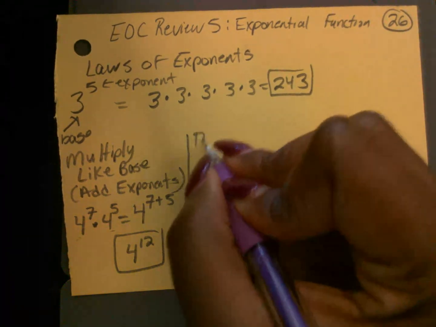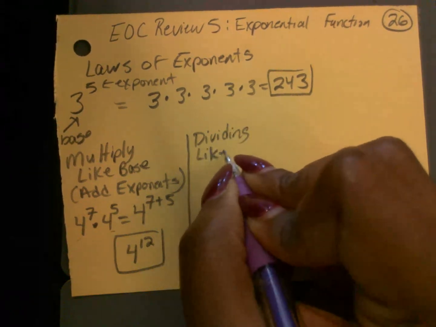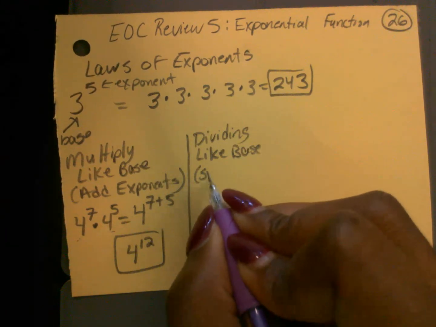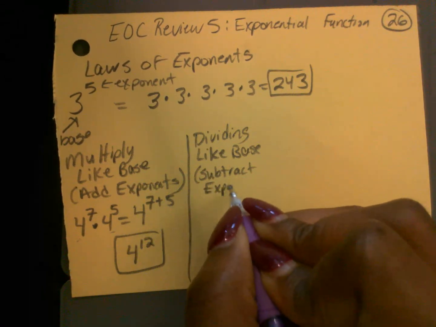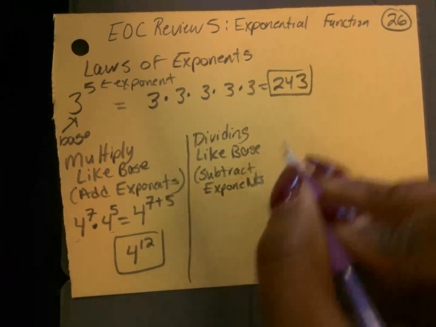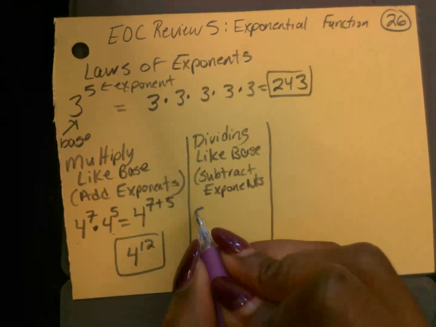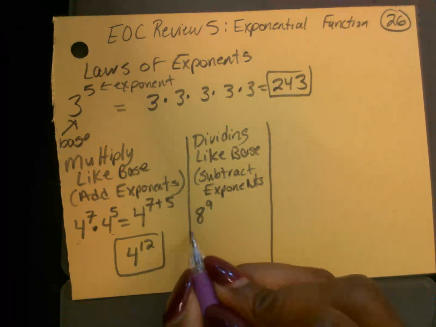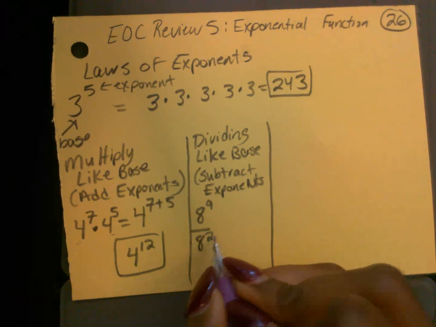Now we have dividing like bases. When you divide like bases, you subtract the exponents. So let's suppose you have 8 to the ninth power divided by 8 to the second power.